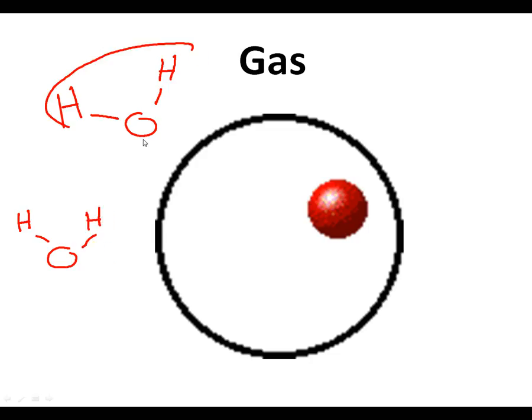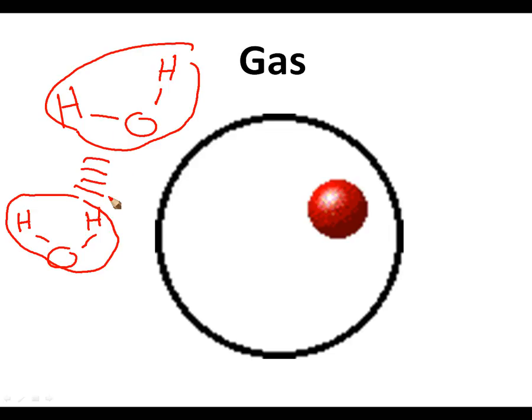The force of attraction between each molecule, the intermolecular bond, is a lot weaker than the force of attraction or the bonds within a molecule. So what we're saying is that intermolecular bonds are weaker than the intramolecular bonds.